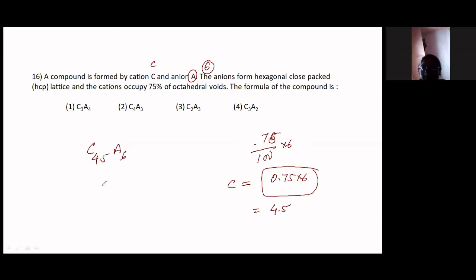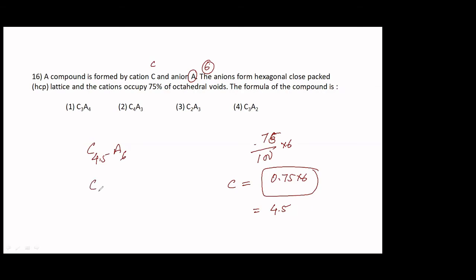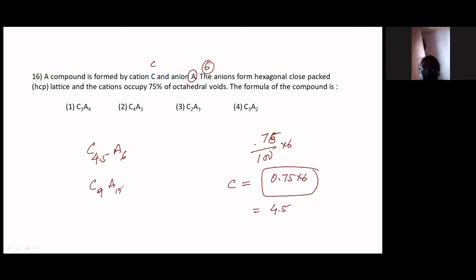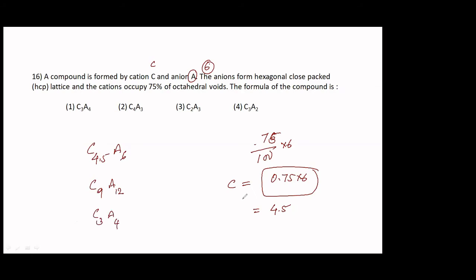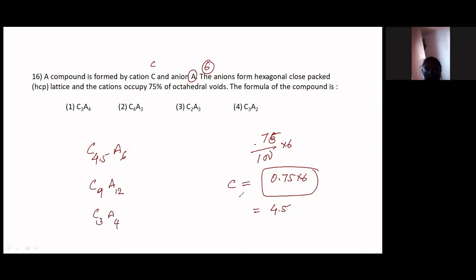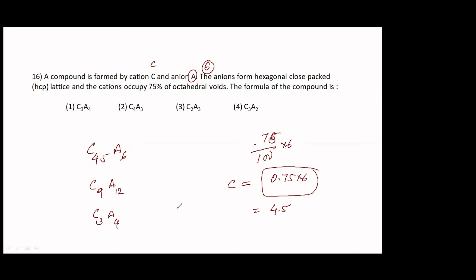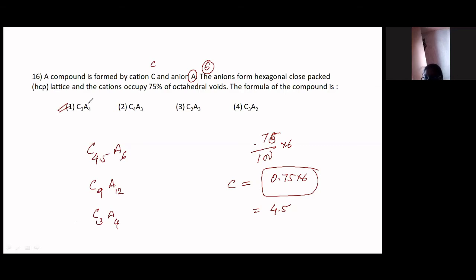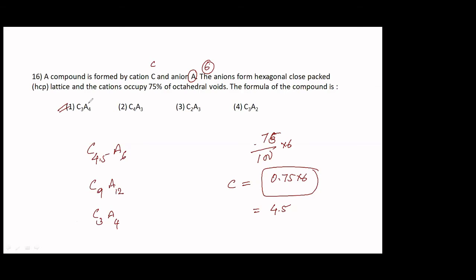Multiplied by 2, you will get C9, A12, which becomes C3, A4. C3, A4, the first option, isn't it? That is the correct option.